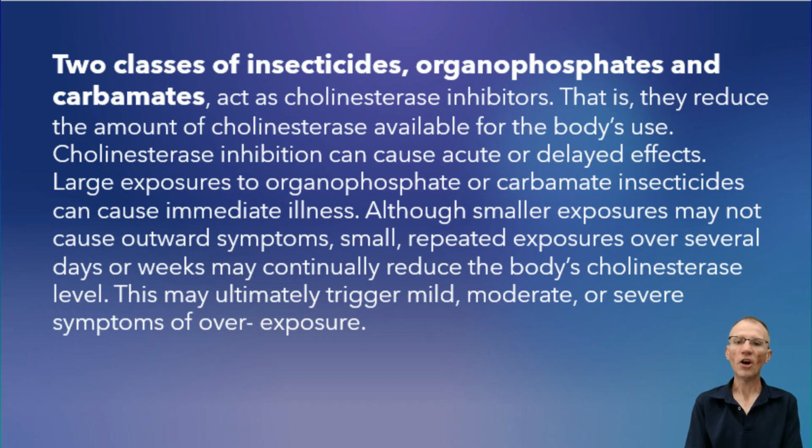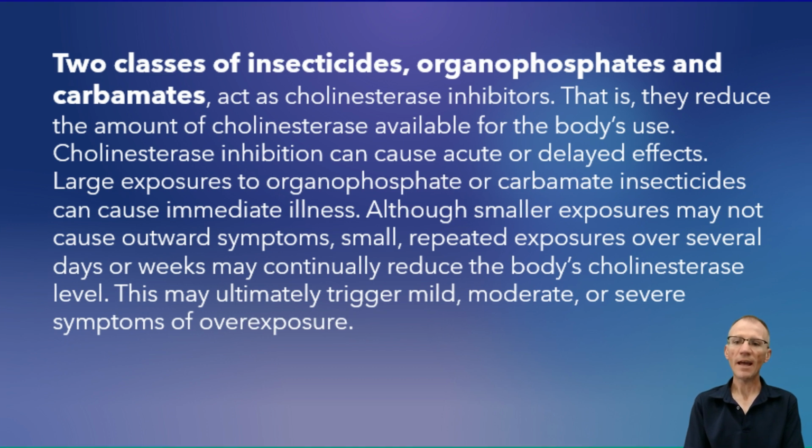You're going to want to know two classes of insecticides, organophosphates and carbamates, act as cholinesterase inhibitors. That is, they reduce the amount of cholinesterase available for the body's use. Cholinesterase inhibition can cause acute or delayed effects. Large exposures to organophosphate and carbamate insecticides can cause immediate illness.